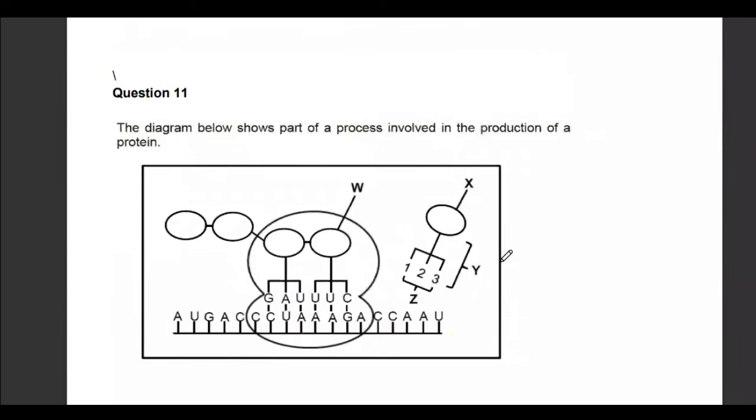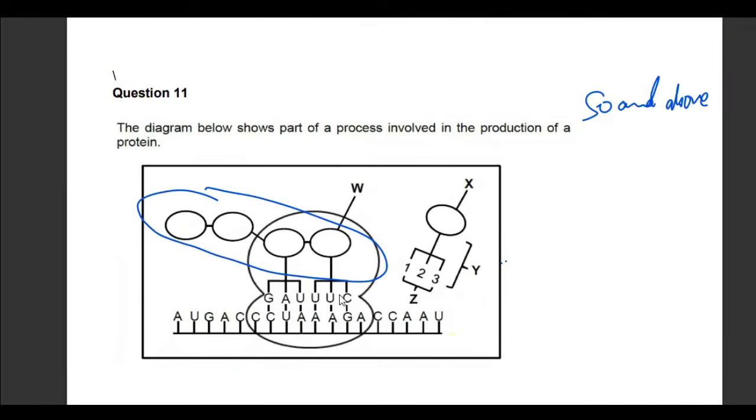You can see some people call this a protein. This is not a protein. It is only a protein if it is 50 amino acids and above. So what is this then? This is a polypeptide chain.